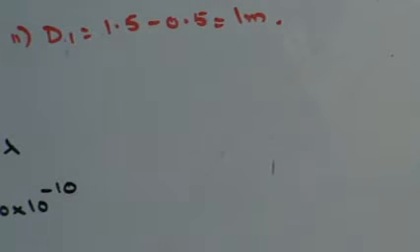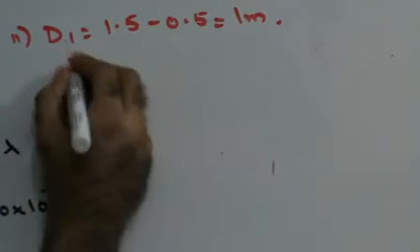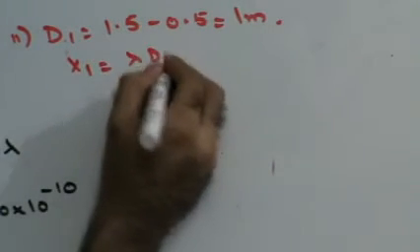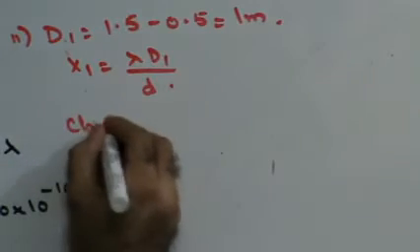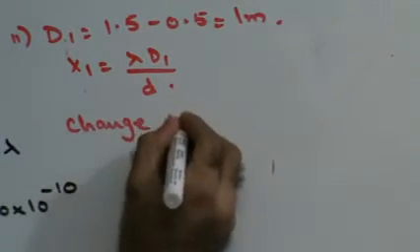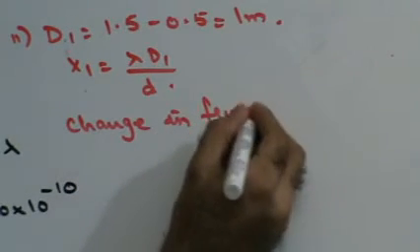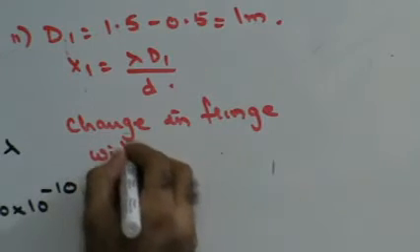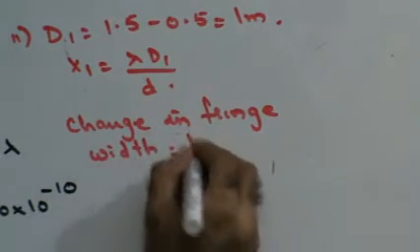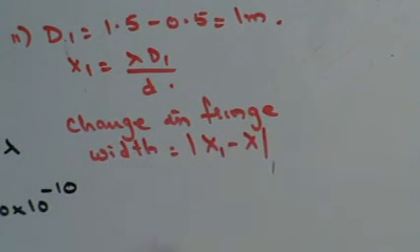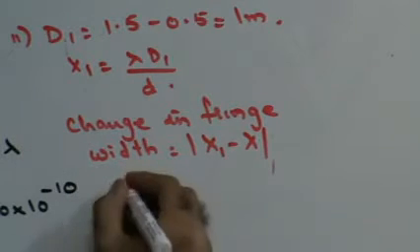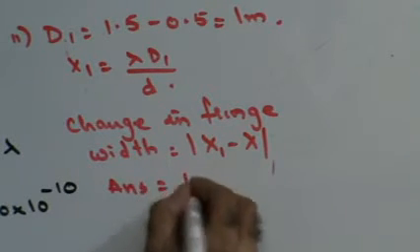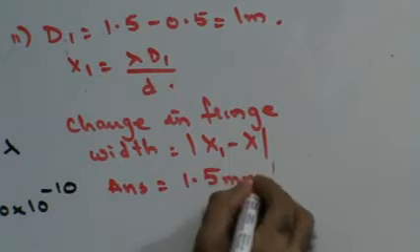In the previous sum it was moving away from the slit, here it is brought towards the slit. So now I can find out the new fringe width, lambda D1 by d. Therefore I can find out the change in fringe width. Change in fringe width is going to be modulus of x1 minus x, right? Substitute the values, you should get the answer. The answer for this sum, change in fringe width, should be 1.5 millimeters.